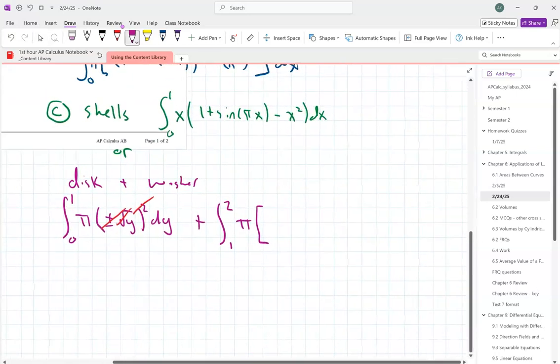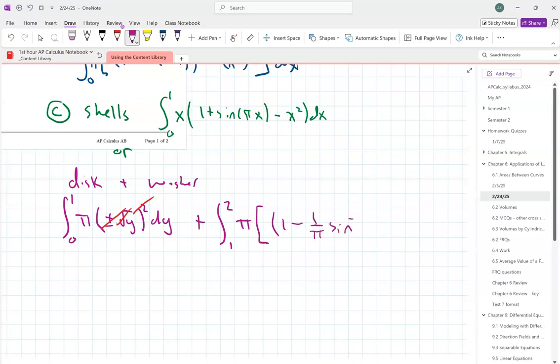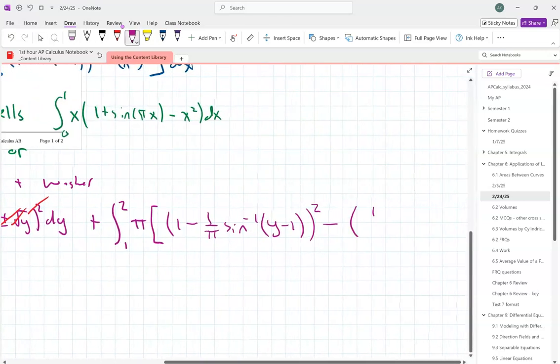My R outer was 1 minus that function, and my R inner was just that one function.